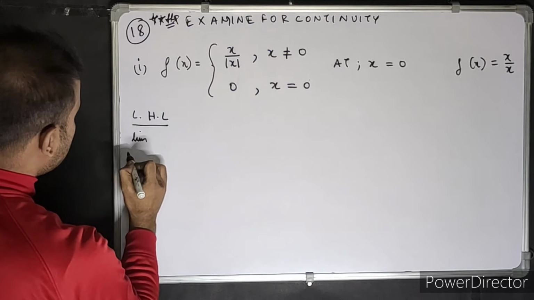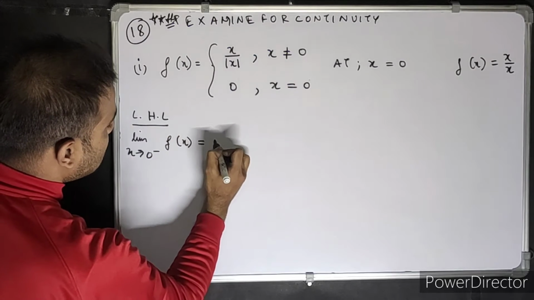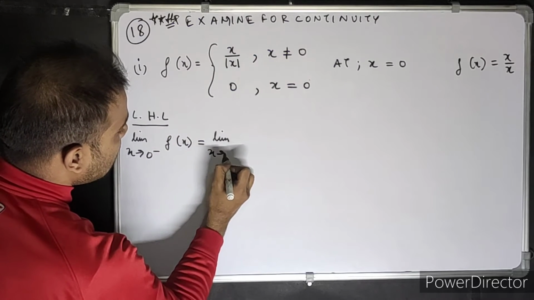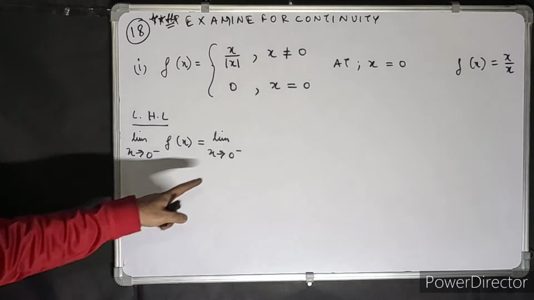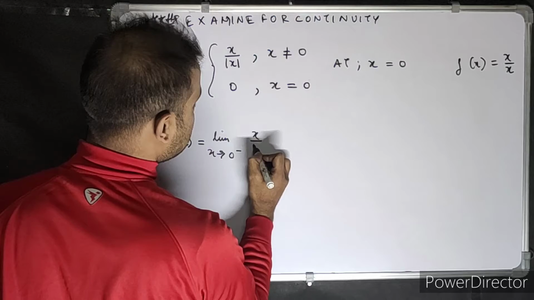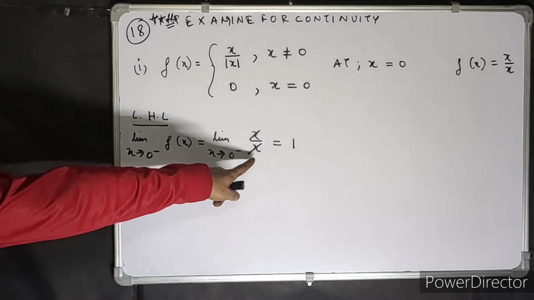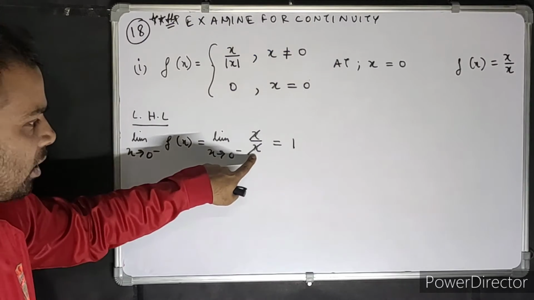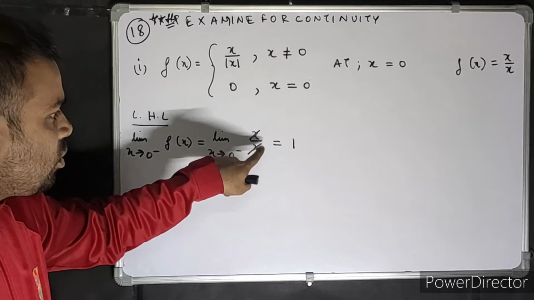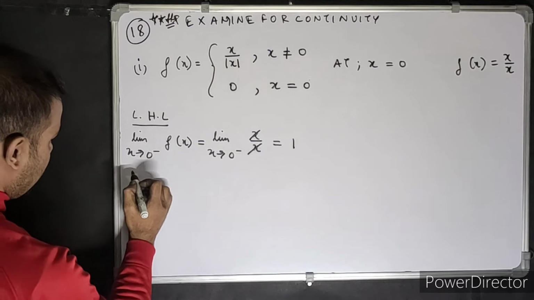Limit of x tends to 0 negative, f of x. So 0 negative means not equal to 0, so x by x, cancel the x and x, answer is 1. Don't put 0, because as you put 0 you get a 0 in the denominator. Over here you are supposed to cancel the x by x.